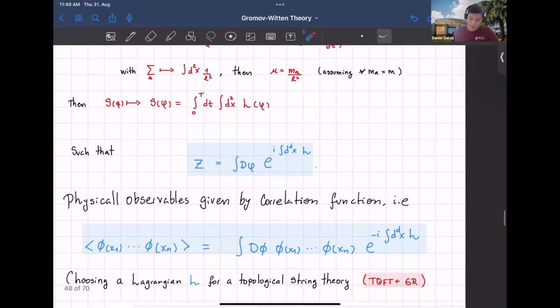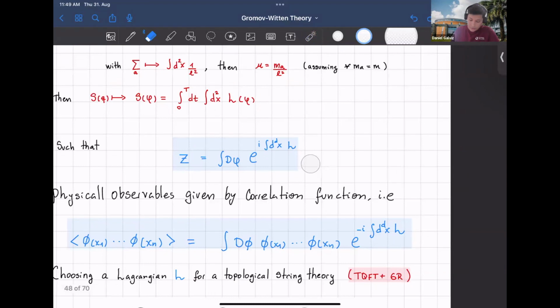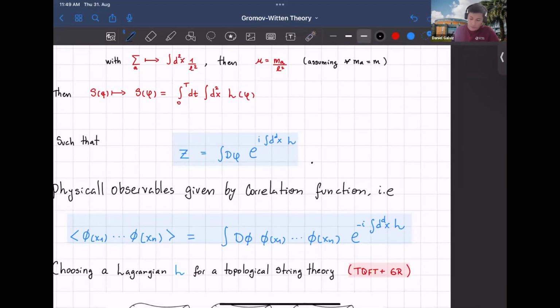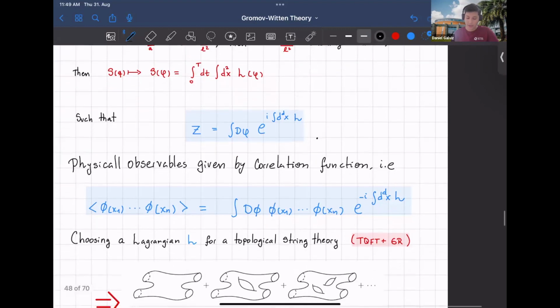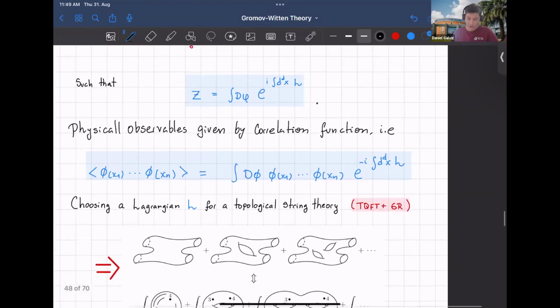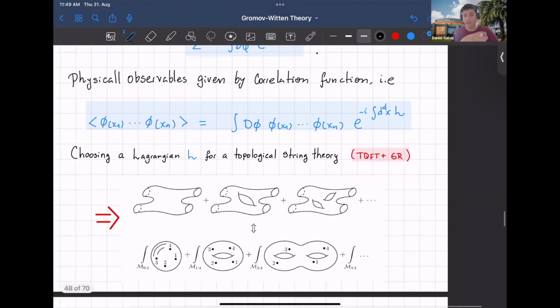Okay, so now let's suppose we have our path integral formalism, and we choose our Lagrangian to be the Lagrangian of a topological string theory. Then the Taylor expansion will give you the perturbation theory, and all these terms will give you our Riemann surfaces, and they will be classified by their genus.